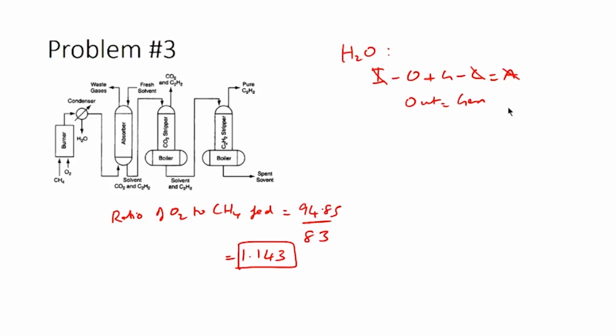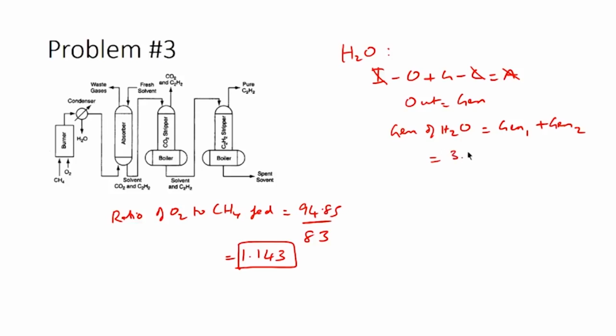Water is generated by reactions 1 and 2. So, the generation of water would be equal to generation through reaction 1 plus generation through reaction 2. Looking at the stoichiometry, for every mole of carbon dioxide produced, 2 moles of water are produced, and for every mole of carbon monoxide produced, 2 moles of water are produced.